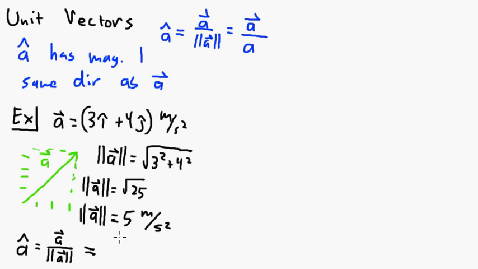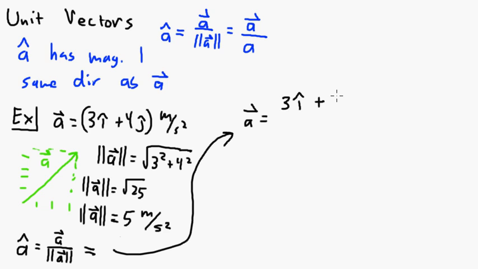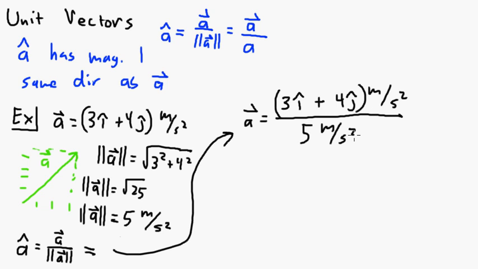So let's bring this up here. A is 3 i hat plus 4 j hat meters per second squared divided by the magnitude of that, which is 5 meters per second squared. So, let's get rid of that, and then this is A hat here.